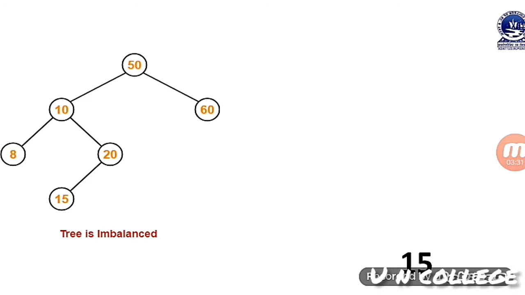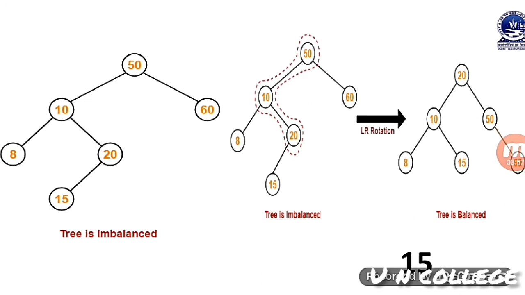As per the BST, the tree is okay, but as per the AVL, the tree is imbalanced and we have to make it balanced, because here the balancing factor of 15 is 0, of 20 is 1 and of 10 is also 1, but the balancing factor of 50 is 2. Now we will perform LR rotation to make the tree balanced.